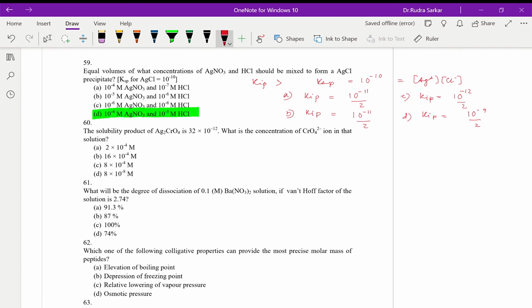Solubility product of Ag2CrO4 is given, which is 32 into 10 to the minus 12. What is the concentration of CrO4 2 minus ion in that solution?